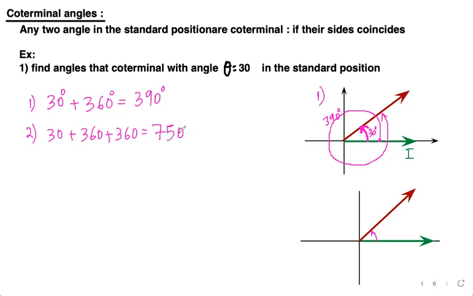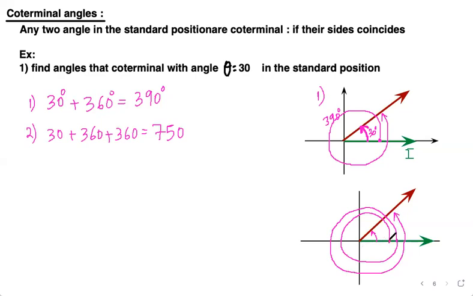For 750, I have to rotate around the XY plane 2 times. This is the first time, here is 360 until this point. Now again, 360 one time. There is another 360. Now I have to rotate the 30. Here is the 30.